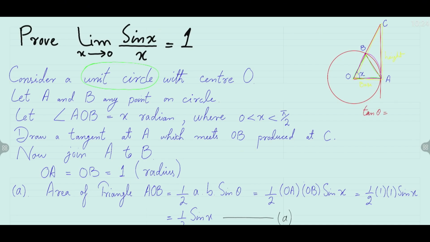Here we require the value of AC, so to find the value of AC we use the formula tangent theta equals perpendicular by base, or you can say opposite over adjacent. So theta is x, and perpendicular is AC and base is OA. So AC is as it is and OA, which is radius, is 1. So we have value of AC tangent x. So we are going to substitute this value of AC in the formula.